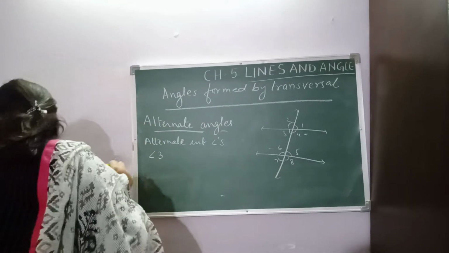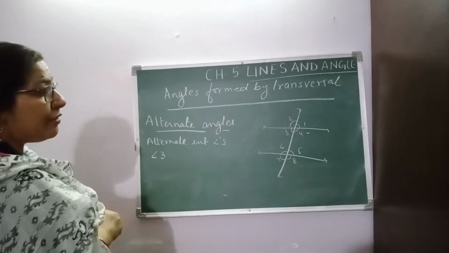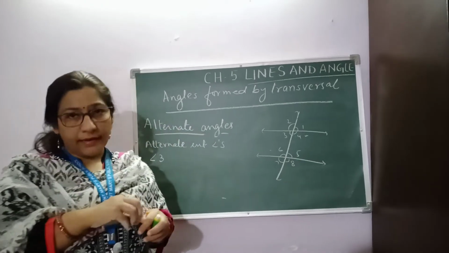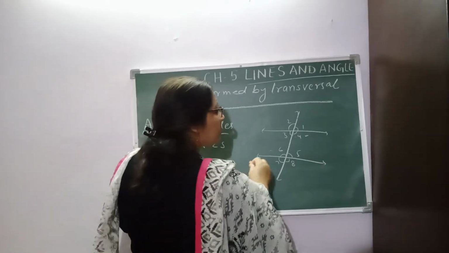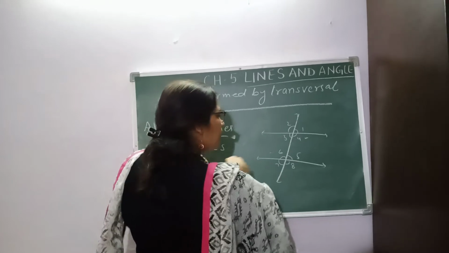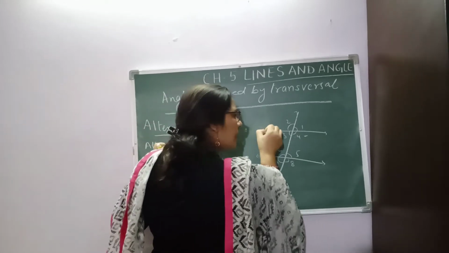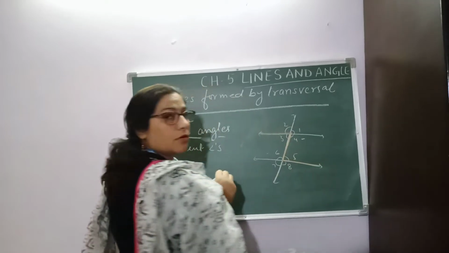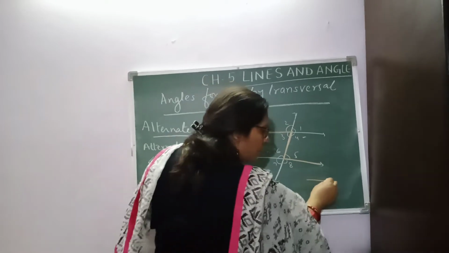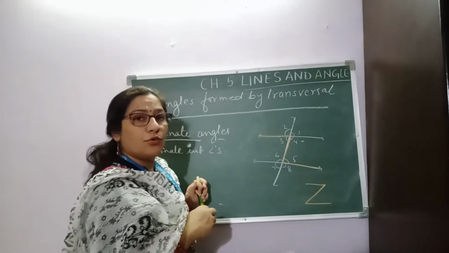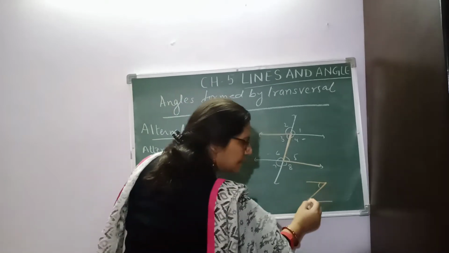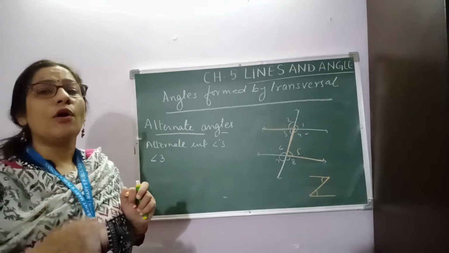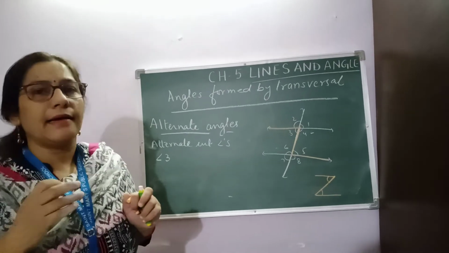If you look carefully at this figure, when we are talking about alternate angles, it forms a Z shape. I'll show you. See. If this shape is created, that means this angle should be equal to that angle due to the property of alternate interior angles.